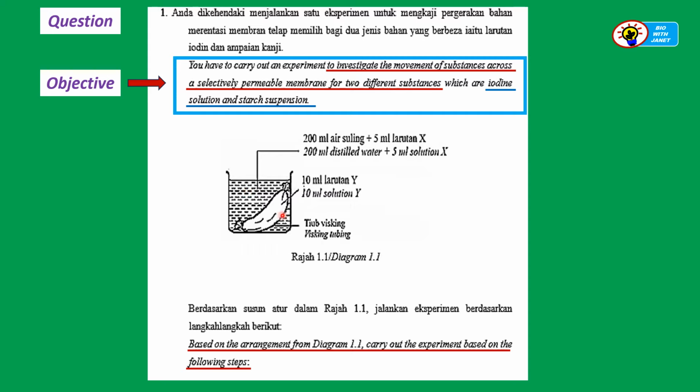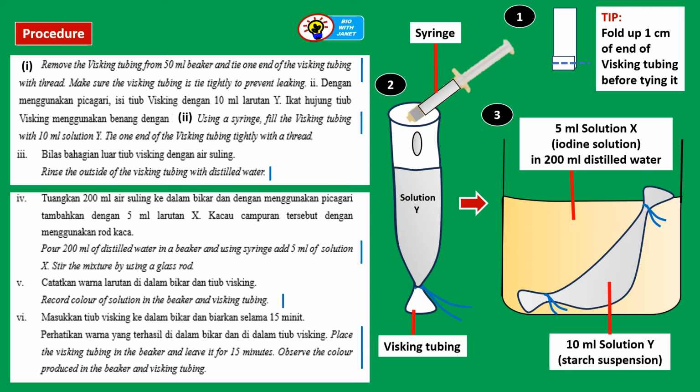And then in the whisking tubing that we will prepare afterwards, we have 10 ml of solution Y, which is the starch suspension. It's not mentioned here, but you can conclude from that later on. Then, based on the arrangement from diagram 1.1 here, carry out the experiment based on the following steps. So let's discuss the procedure.